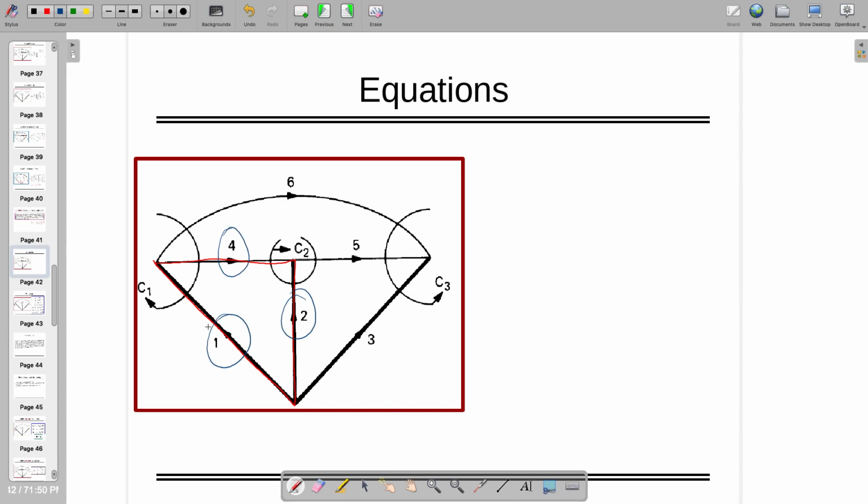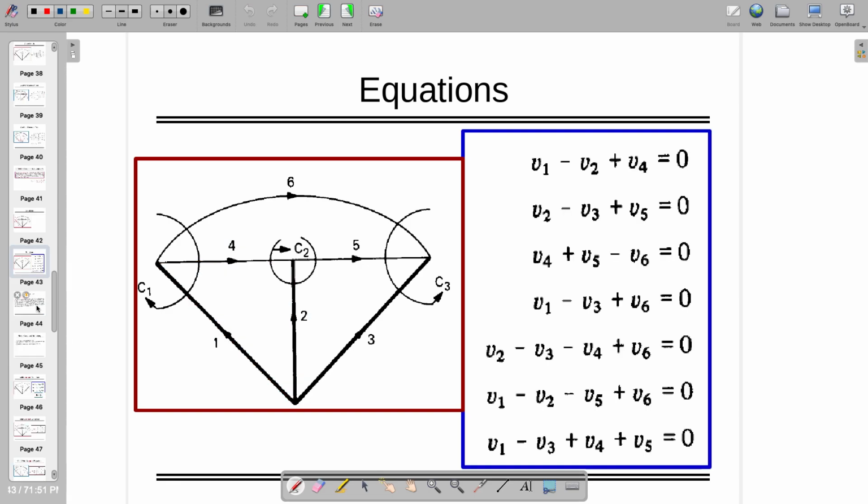These will be in voltages, by the way, not currents. I should follow this loop, so this is in minus and these two are in positive. Something like this.